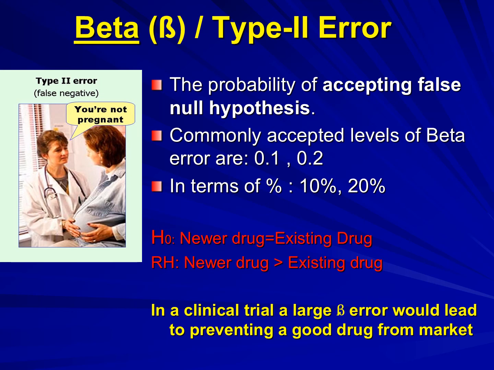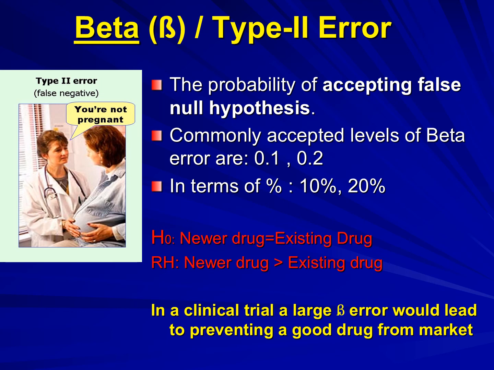Let's understand this statement with the help of the picture on the screen. In the picture, the doctor is saying something to the patient. Now what will be the null hypothesis in this scenario? The null hypothesis in the picture is that the lady is not pregnant.